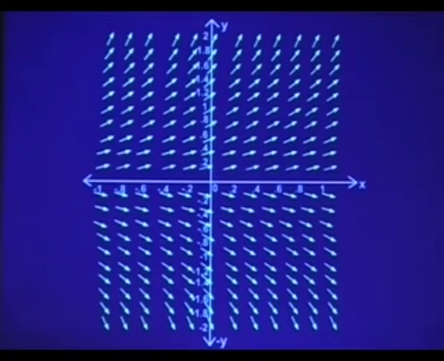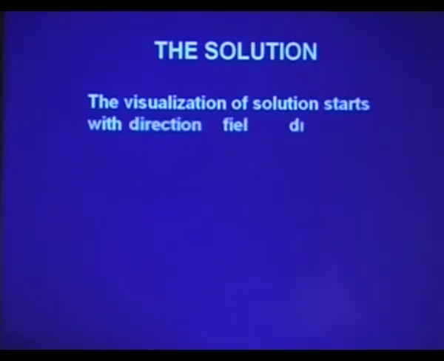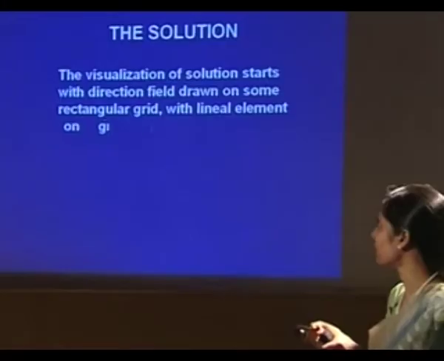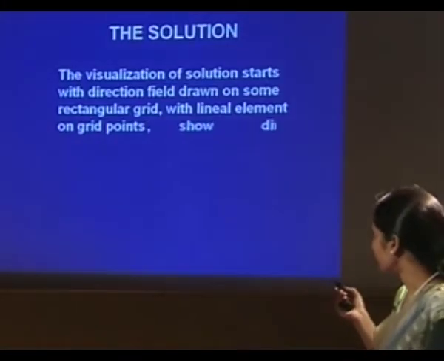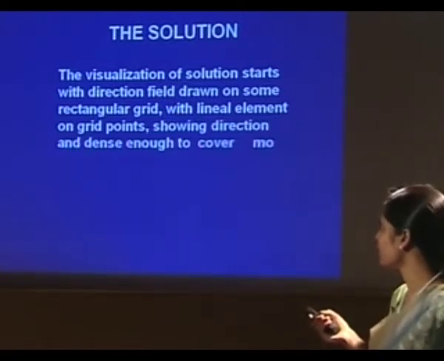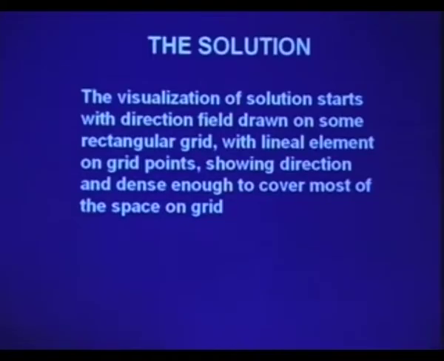How do we get the solution from this direction field? We visualize the solution as soon as we get the complete direction field on the rectangular grid, with linear elements on the grid points showing the direction and dense enough to cover most of the space of the grid.